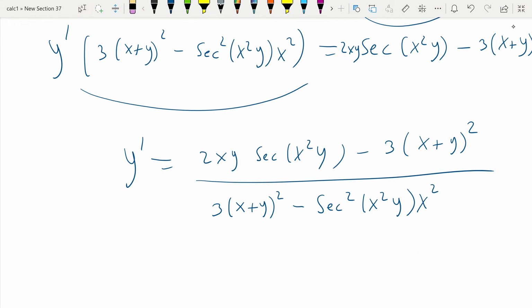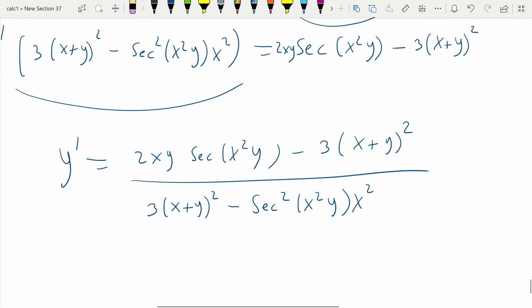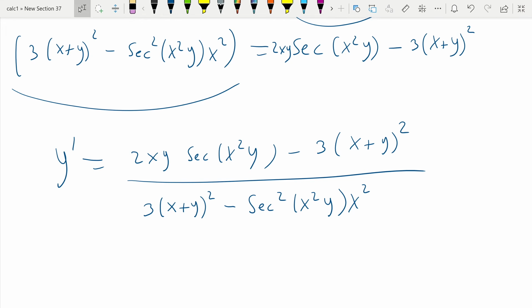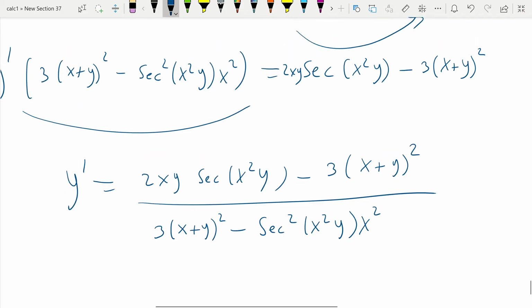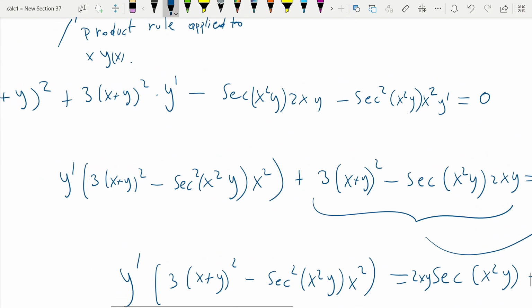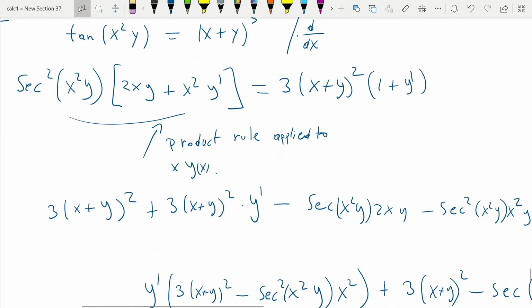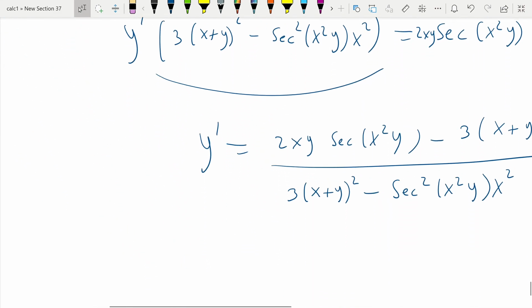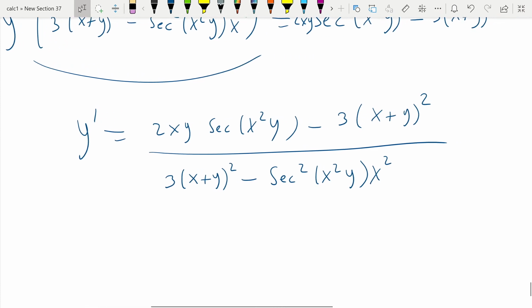The only thing is, don't be worried if your expression looks slightly different from this one, because if you flip the signs here and here, this expression is completely equivalent to the other one. It just means that I multiply by minus 1 and minus 1 divided by minus 1. So I advise you to go over this example, write down everything carefully, and go over every computation very carefully.